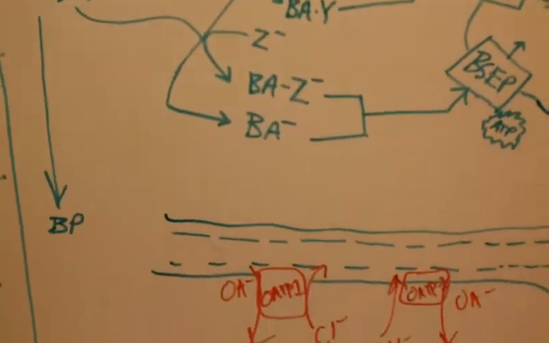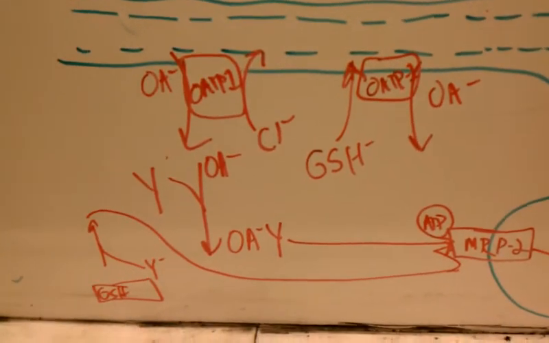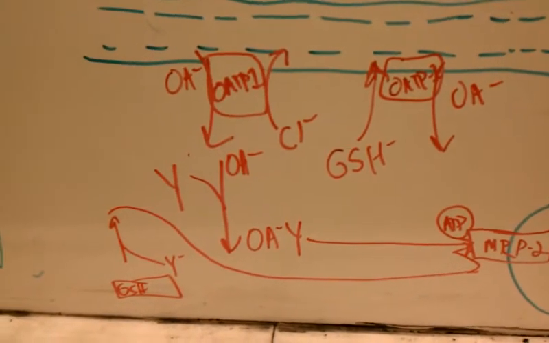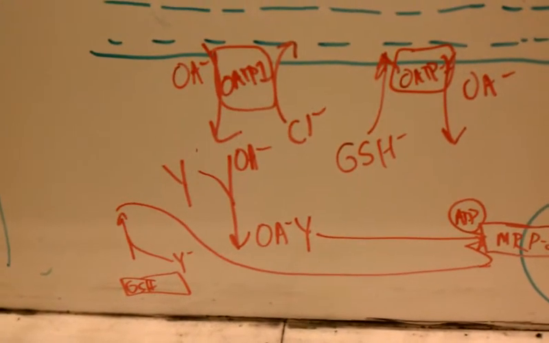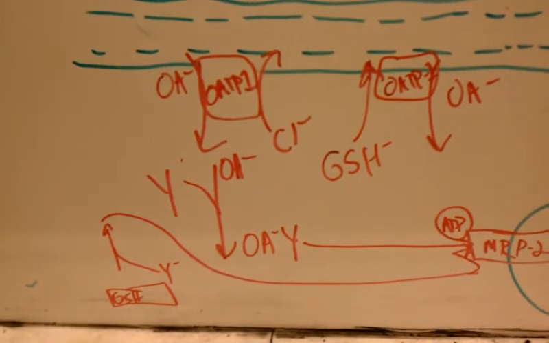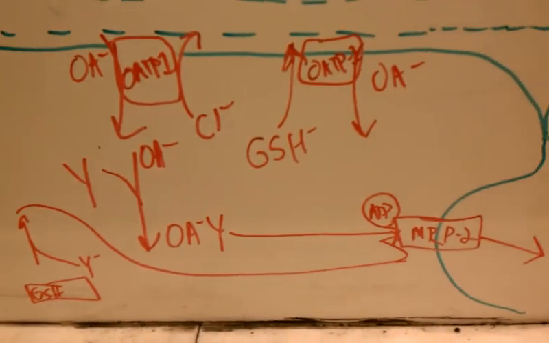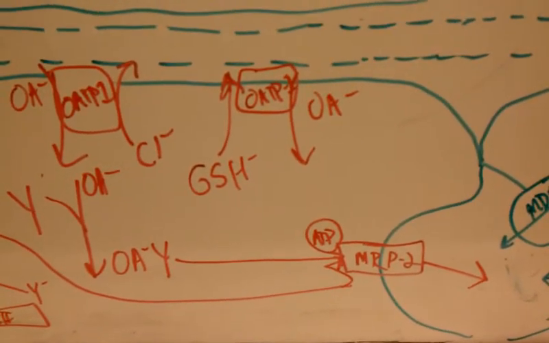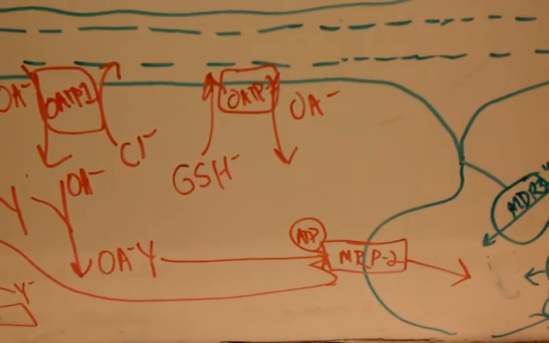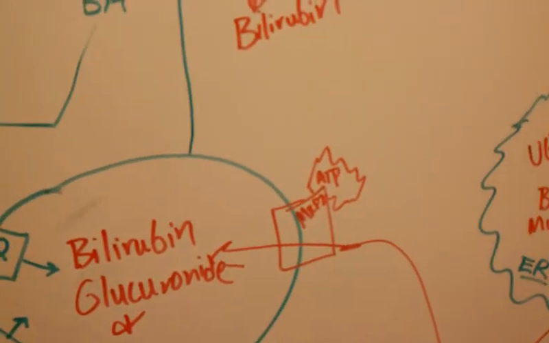So this pathway is very, very similar to free bile acids, except now we have glutathione, which makes sense because we're breaking down drugs. All right, and then the organic anion glucuronate or sulfate conjugate can go out via multidrug resistance-associated protein 2, just like bile acids and just like bilirubin.